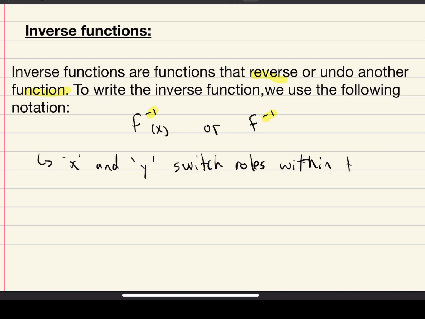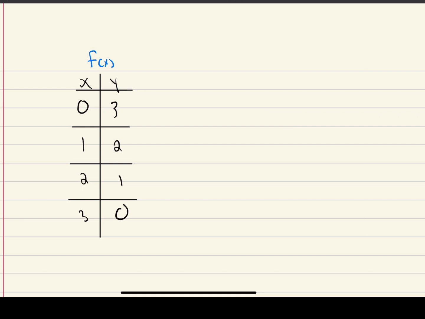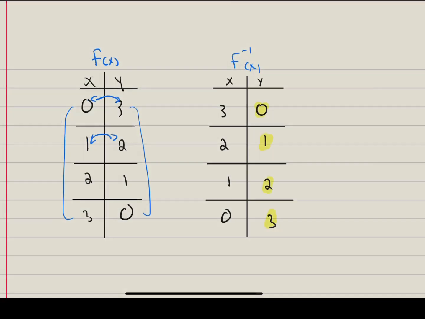By that, there's a couple of ways that we can solve for these. The first way is with a table of values. If we have a table of values for f at x, with the following values for x and then the following values for y, to write the values of f to the negative 1 at x, all we have to do is switch the values for each of them.